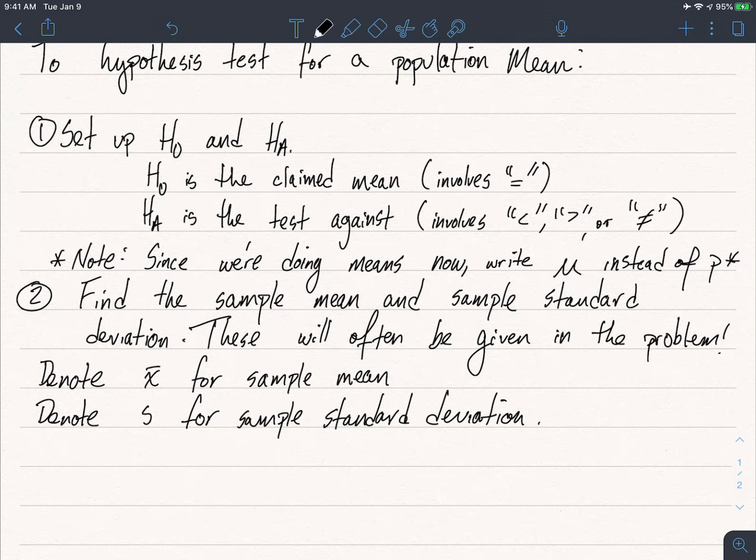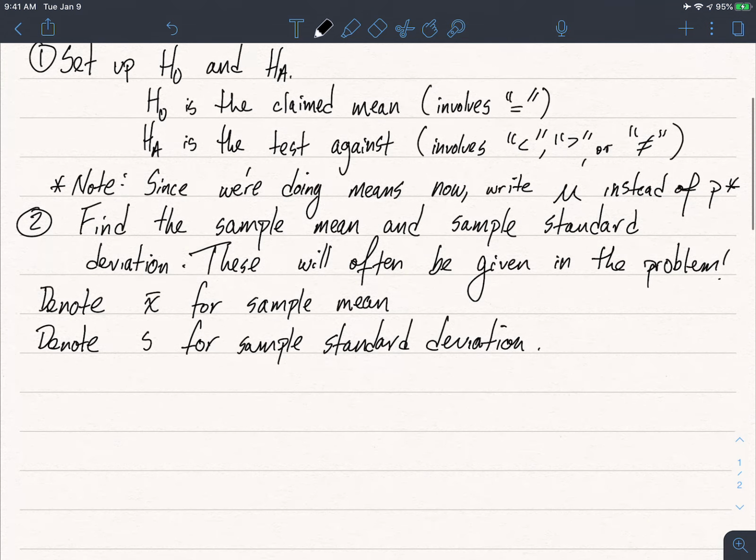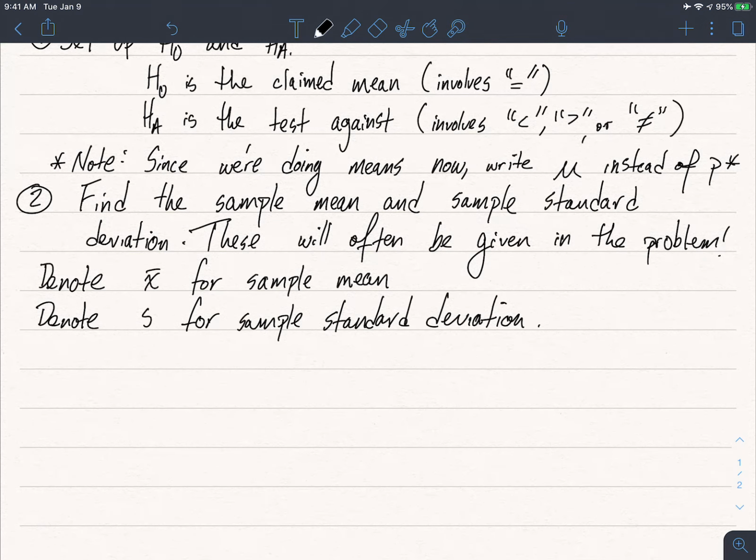Now, often these are going to be given. I'm going to say you found a sample mean of blah, blah, blah, and a sample standard deviation of blah, blah, blah. And so you're not going to have to calculate these yourself, but just keep in mind that I could if I wanted, and I'm pretty sure the project is this way, that I can give you a list of data and you can calculate these on your own, right? To find a sample mean, you would add up all the values from your sample divided by how many there are.